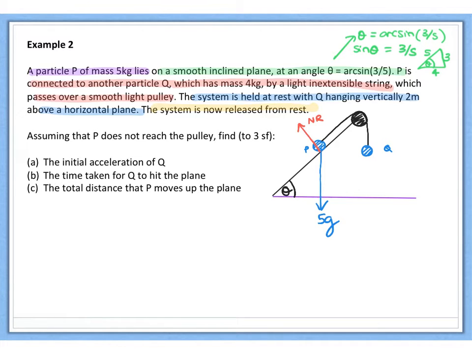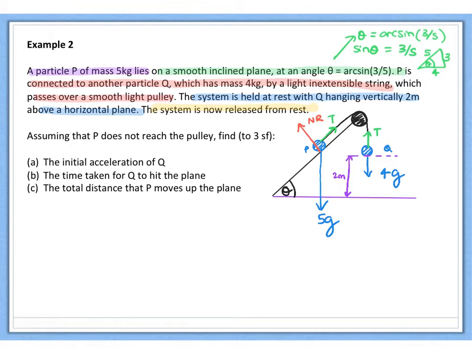So Q has a weight of 4g. And let's make sure we include in the diagram tension forces acting on P and Q, like so. We are also informed that Q is released from rest 2 meters above the ground, like so.